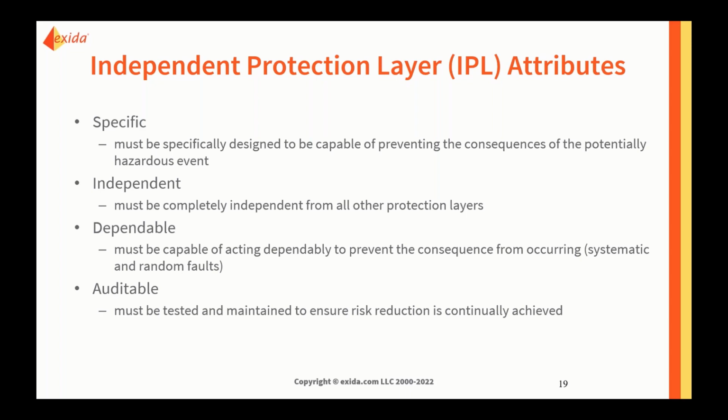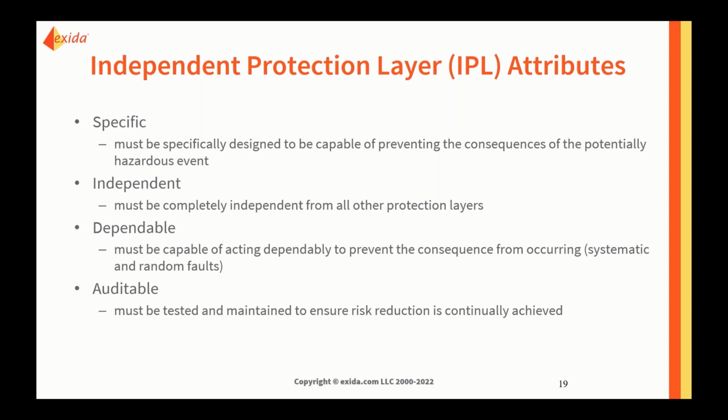our different protection layers. Now, dependable, that's pretty much a given. If you want to have a nice low accident frequency, each of your protection layers will be better served by having nice low individual failure probabilities in all of this. And then finally, at the back end of all of this, we have the audit requirement.